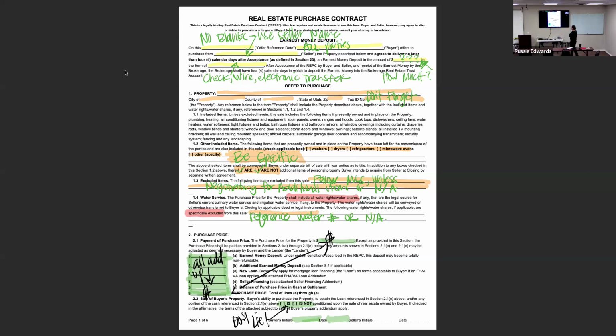Okay. So the very top part, it says on this blank day. That is your reference date. For every other addendum, for every other part of the transaction, that is going to be your date forever on this contract.